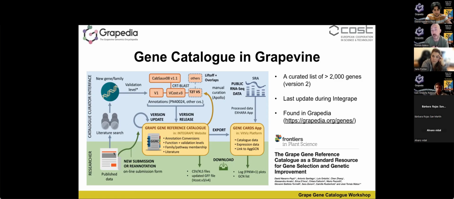Initially, a group of manual curators were searching for all the published data regarding gene functions or gene families, and that was included in the database, given a validation level that I will explain later on, and associated those genes to the same genes in other genomes.